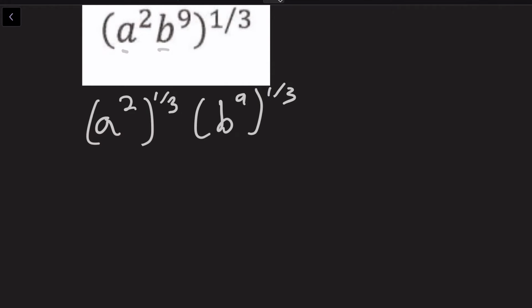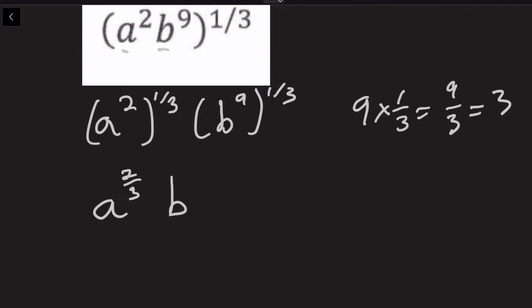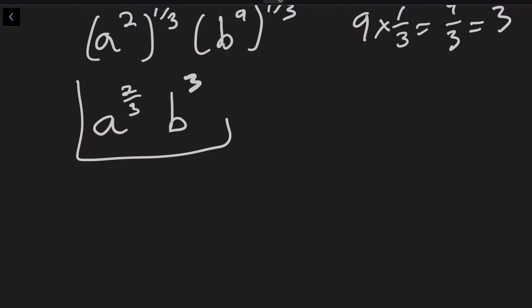When we have an exponent raised to an exponent, we multiply our exponents together. So we rewrite a to the 2 times 1/3, which is 2/3. b, 9 times 1/3 is 9/3, and that's the same as 3. So it would become b to the third, and this would be our final answer.